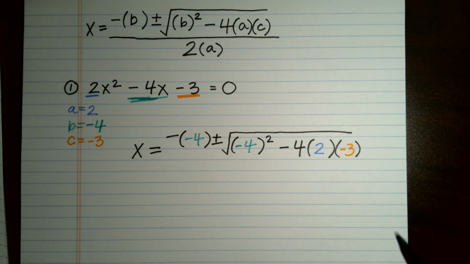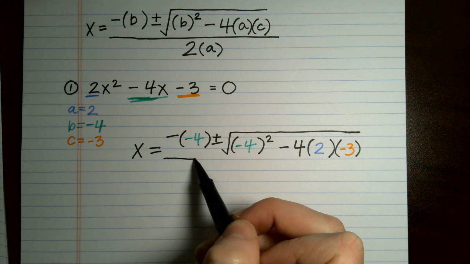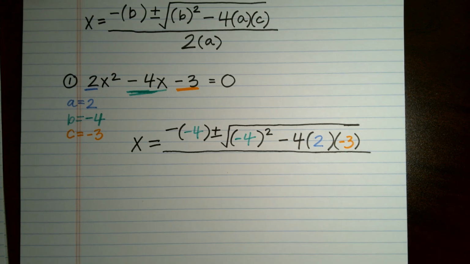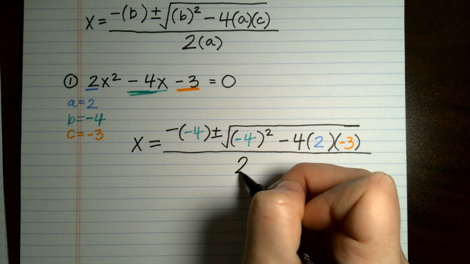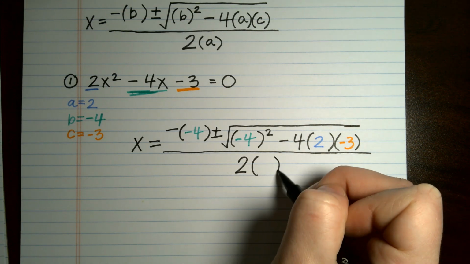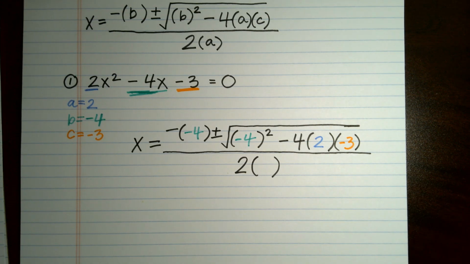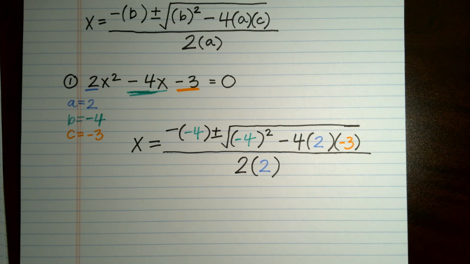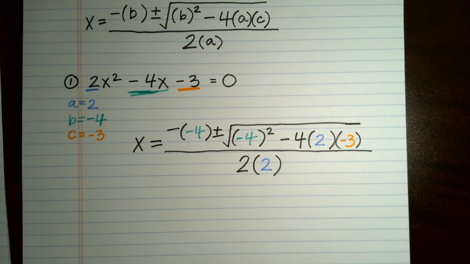Okay, and then our very last part of the quadratic formula is what? 2. Good. We're going to divide all of that by 2 times A, which is 2 times 2. Good, good, good.